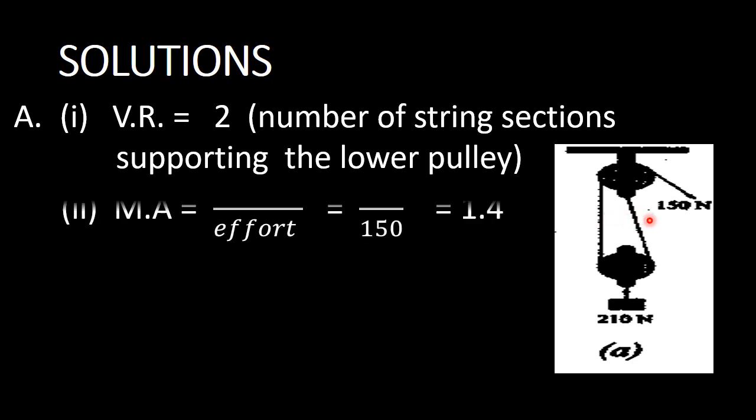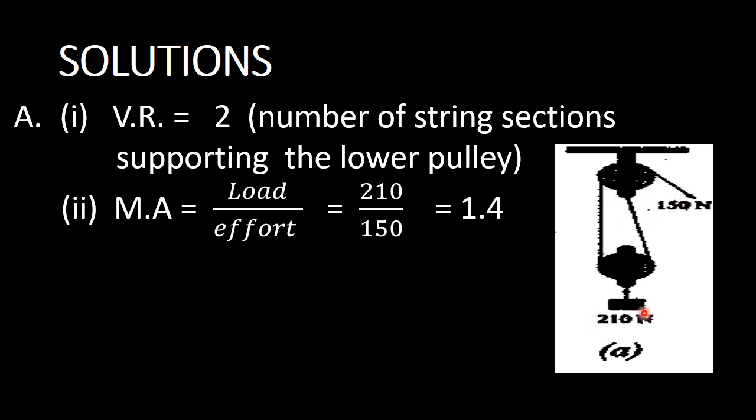All right. For mechanical advantage, you need to apply a formula again, since both load and effort are given. So all you do is apply the formula. Mechanical advantage is equal to load divided by effort. So in this case, our load is 210, while the effort is 150.